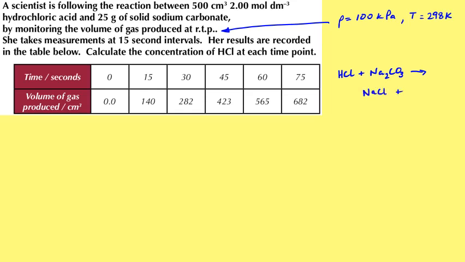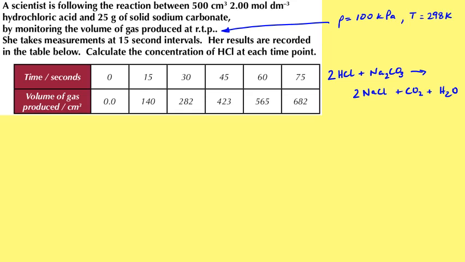We're going to get some carbon dioxide given off, and it's a neutralization reaction, so we're going to get some water as well. Okay, let's just make sure we're all balanced. I think to balance it we need a 2 here, and therefore we need a 2 here, and after that we're all balanced. So that's our reaction, and it will become clear why we need that balanced equation in due course.